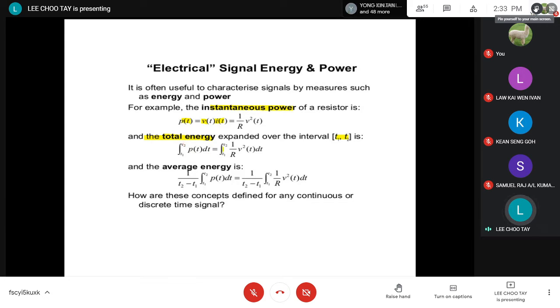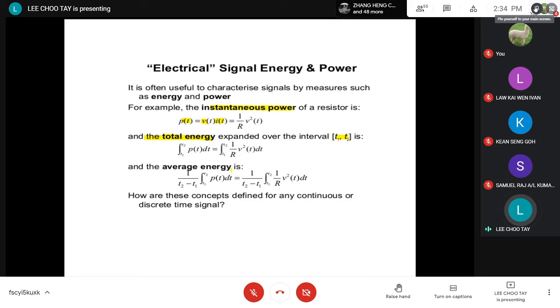So if you replace the equation for power, you find that you basically need to integrate v squared t over R. And if you divide the result of this integral by the duration over which you performed the integral, that will give you the average energy within this duration of time.